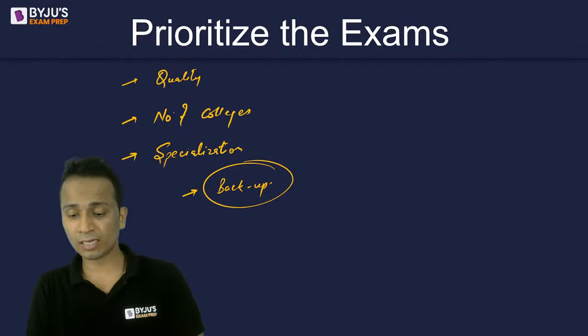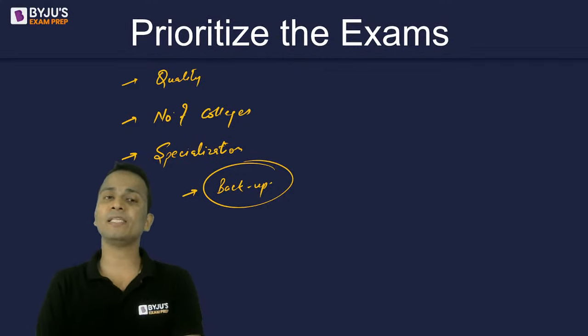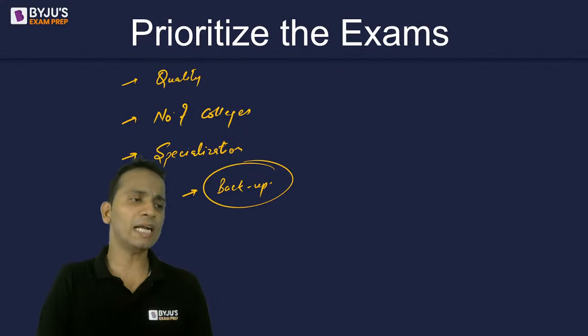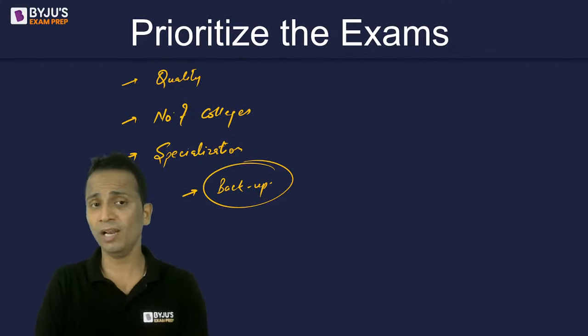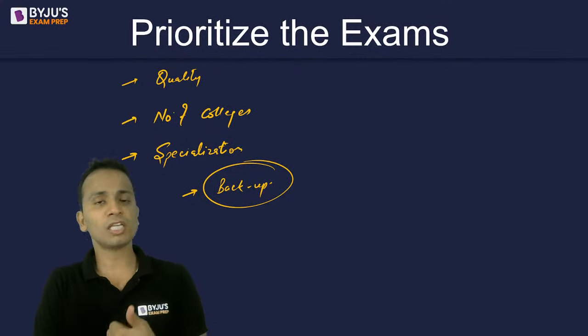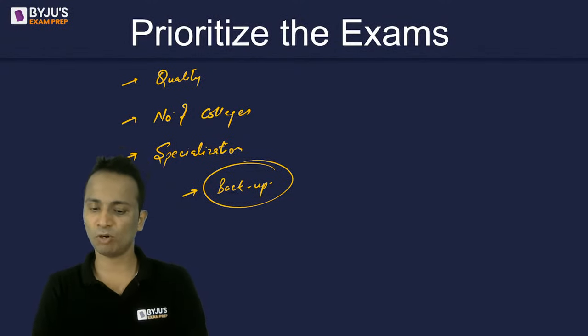Now, Siddharth, what is the cutoff of IISc? One thing I'll tell you is that IISc also looks at your profile. Profile is a mixture of a lot of things. If I talk about the cutoff of IISc Bangalore, then it is certainly above 90 percentile.